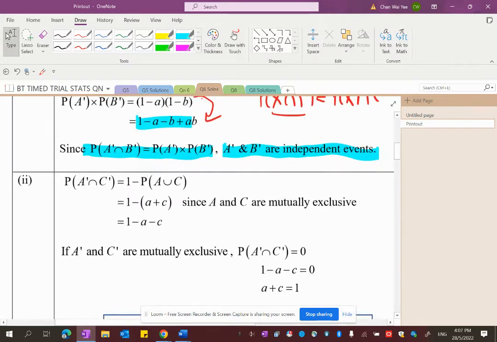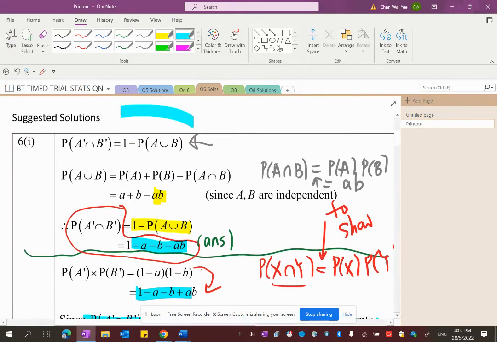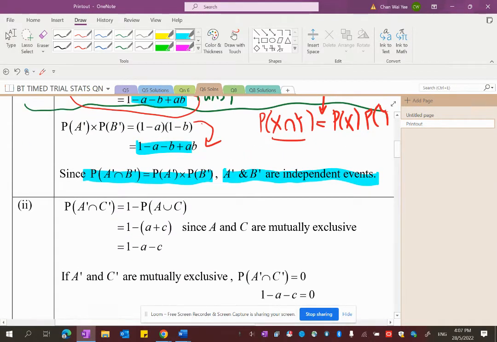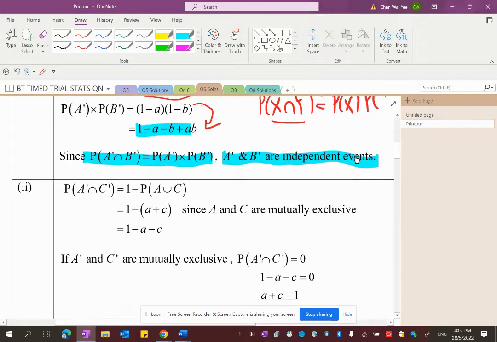Okay, A complement intersect C complement, using a similar idea as part 1, we have 1 minus P(A union C). Okay, but the question right from the start already told you that A and C are mutually exclusive. You can find this information right at the start. So never leave out any information.